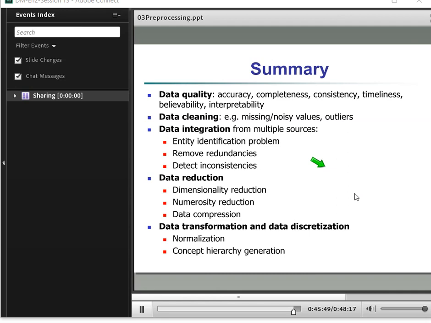All of these 4 steps should be done before applying data mining.